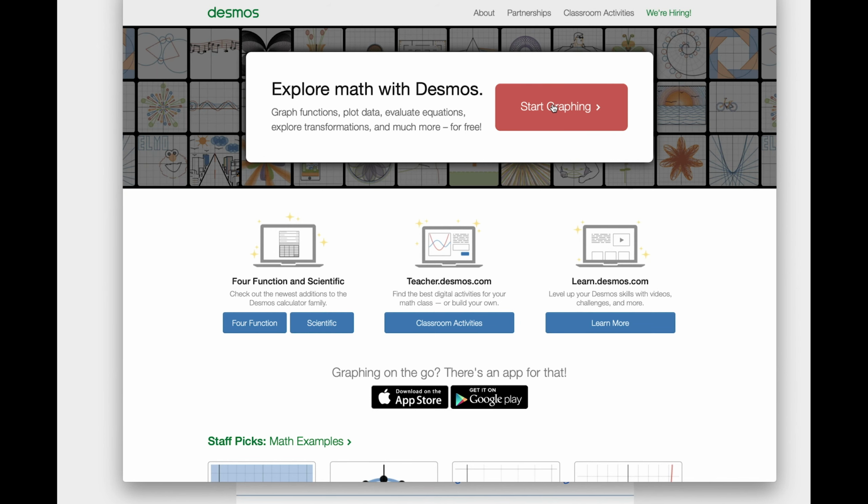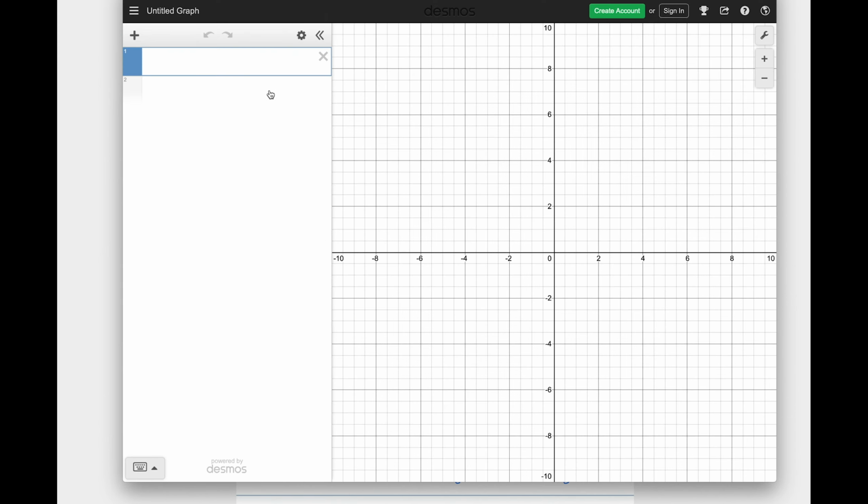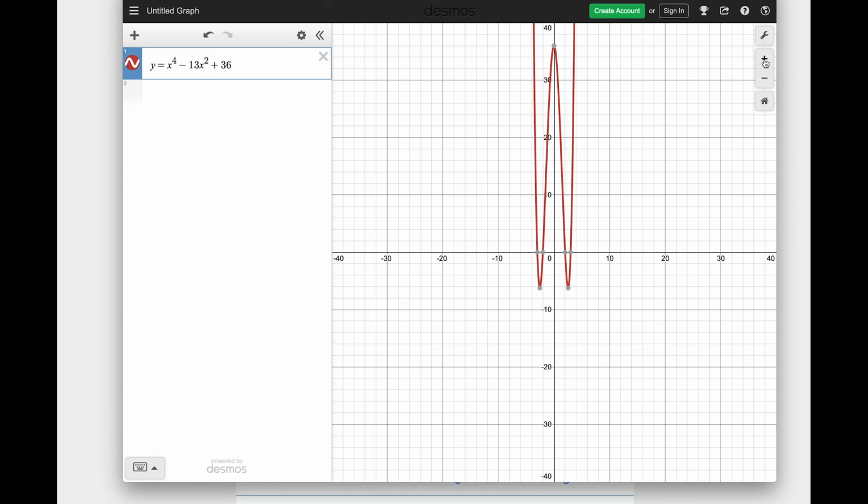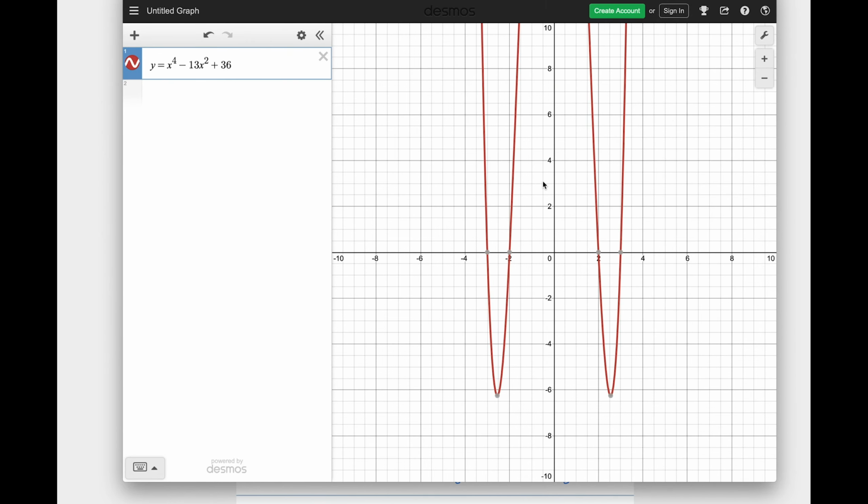All right, so let me actually take you to Desmos, a graphing tool online, and let me graph this function for you. So the function is x to the 4 minus 13x squared plus 36, right? And we found minus 3. You see the graph? The graph is something like this, okay? But this is the x-axis.